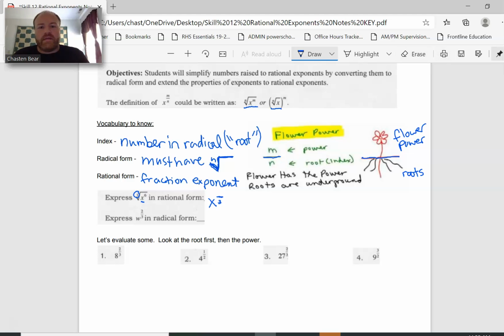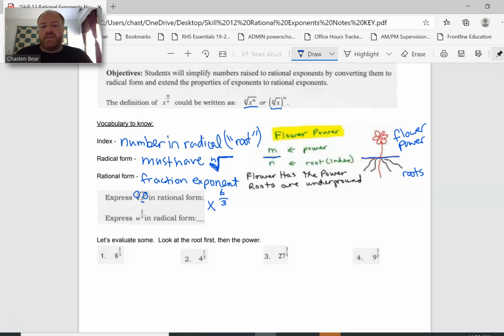The numerator has the power, so it's going to be 6. If we simplified that, we would get x squared. But the point right now is just to show how to write it in rational form.